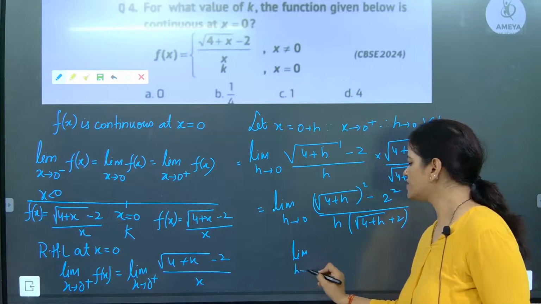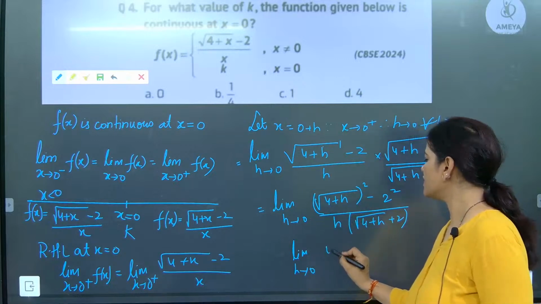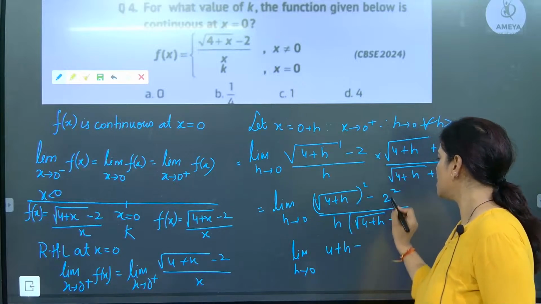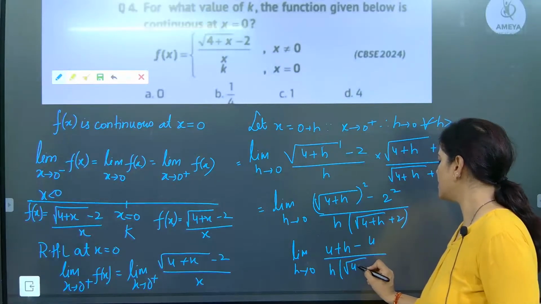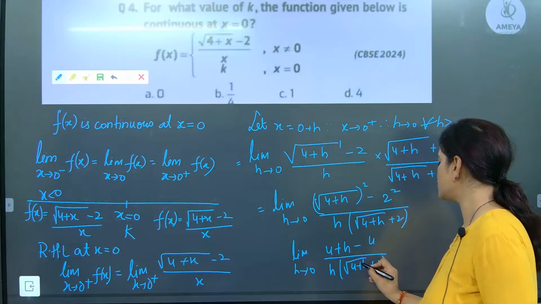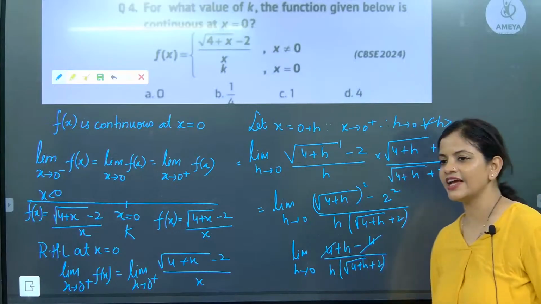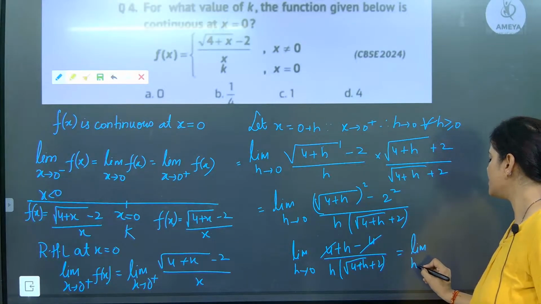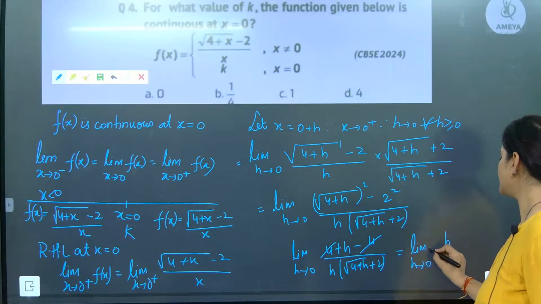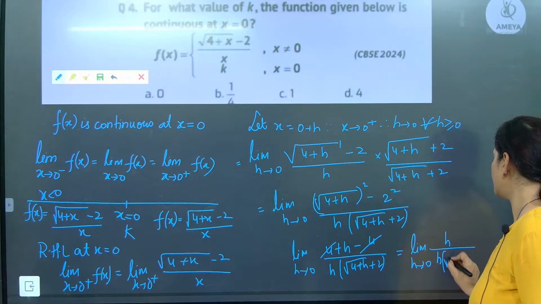So now limit h tends to 0. This part will come as 4 plus h minus 4 by h into root under 4 plus h plus 2. Now this 4 and 4 will get cancelled. So the value becomes limit h tends to 0 of h by h into root under 4 plus h plus 2.